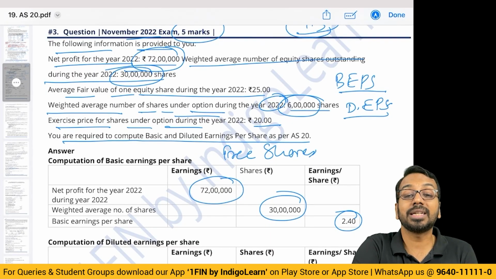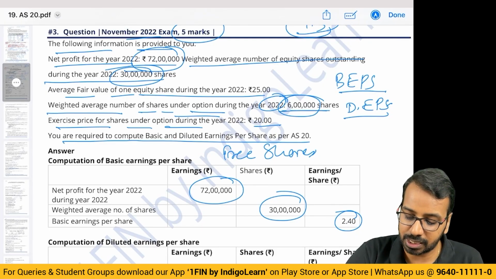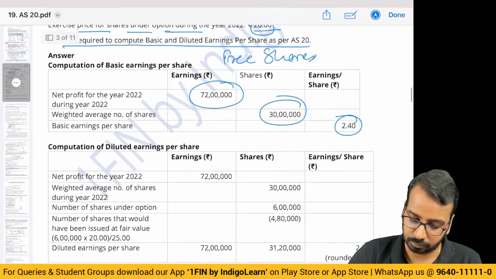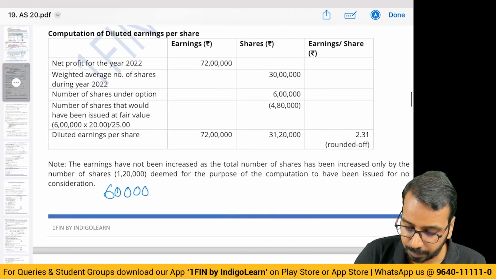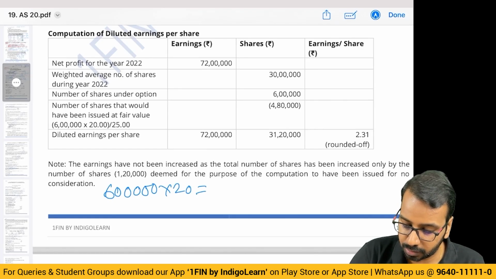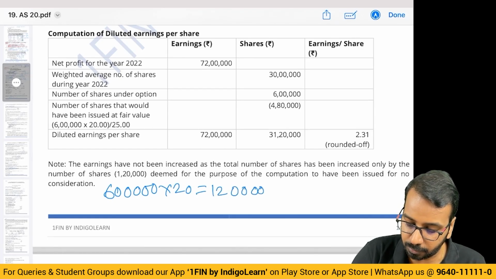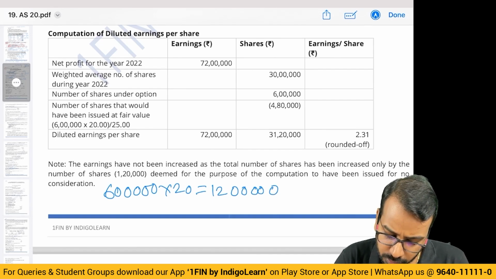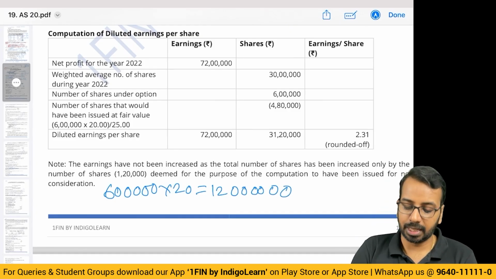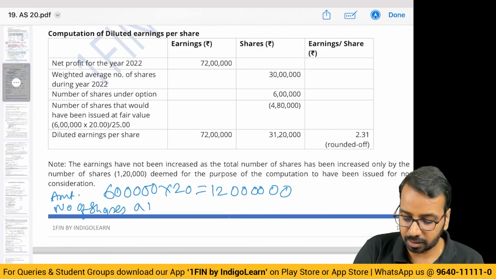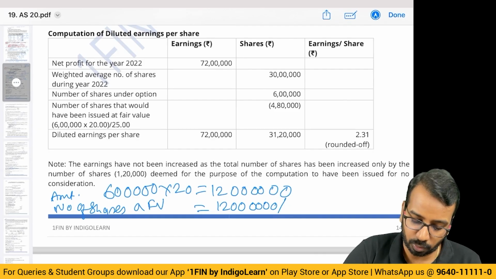So you have to see what is the amount you will collect from here. 6 lakhs multiplied by 20, you will collect 1.2 crores. Number of shares at fair value is equal to 1.2 crores divided by, what is the fair value?